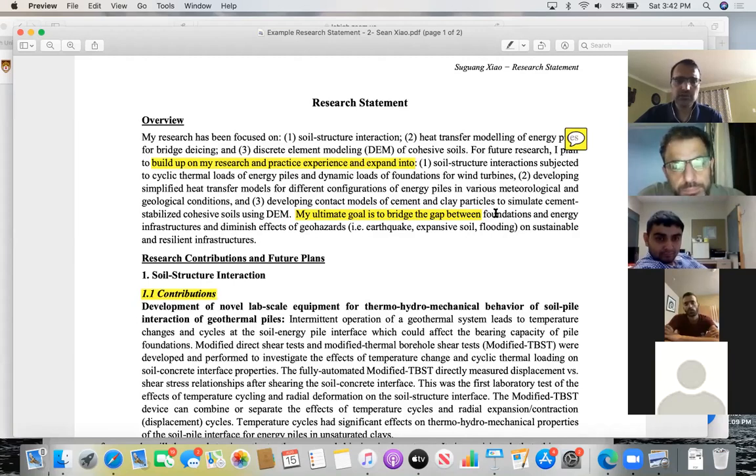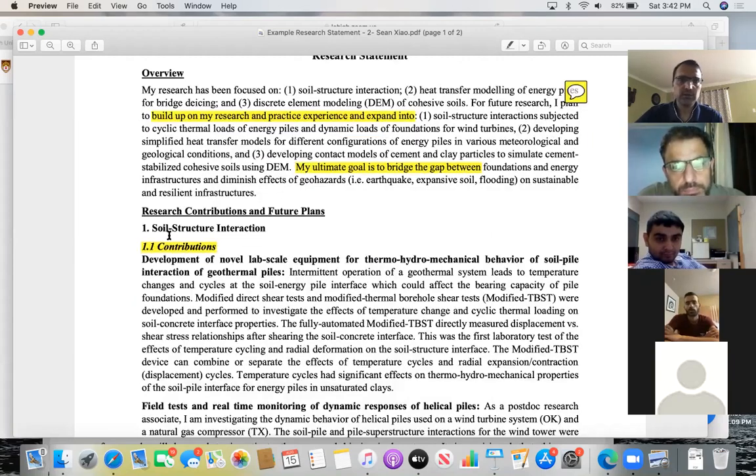And again, you will see that we follow almost the same thing. What are the research contributions? Here he used numbering. So this is research area number 1. Here are my contributions. And if you noticed, in that research area, he has not only one contribution but more than one. For example, the first one highlighted is one contribution within that research area of soil structure interaction.